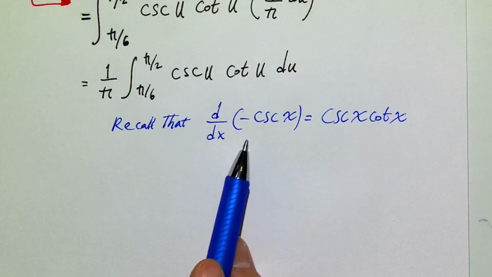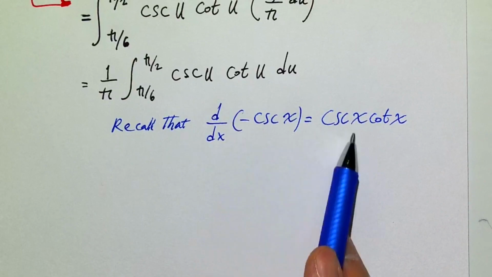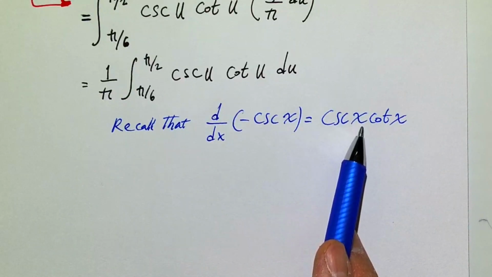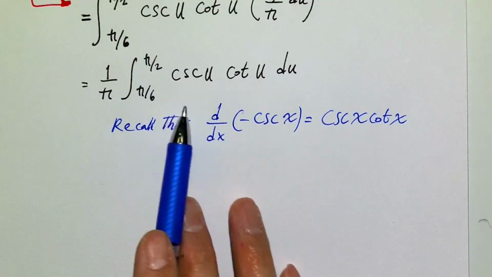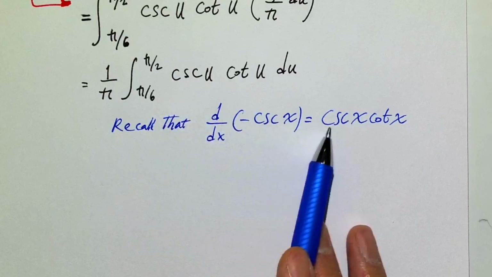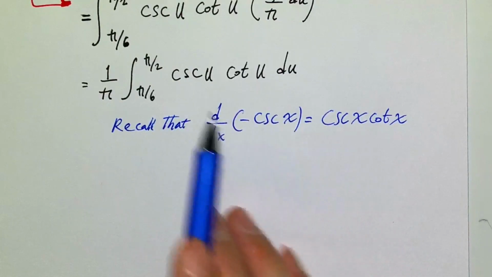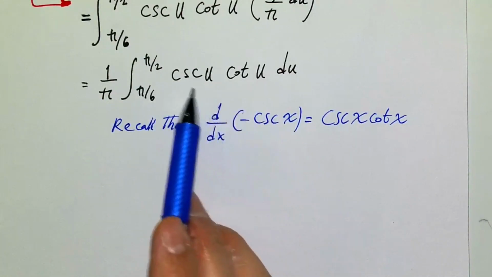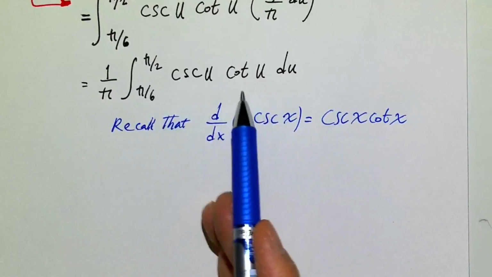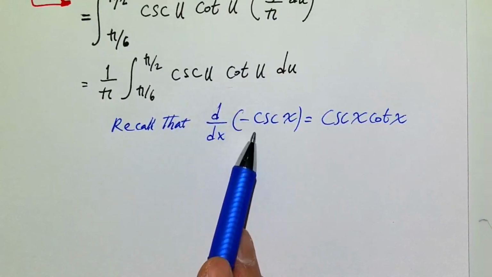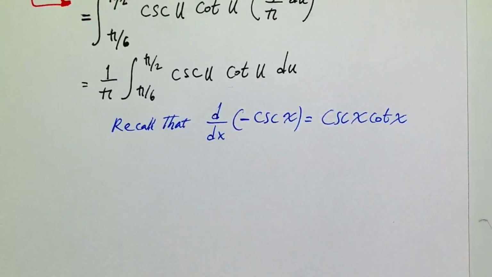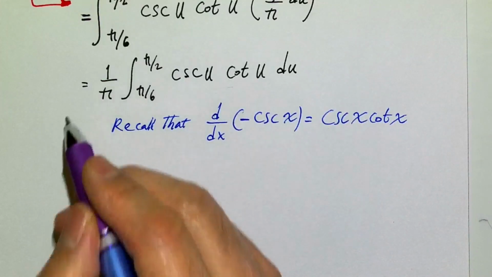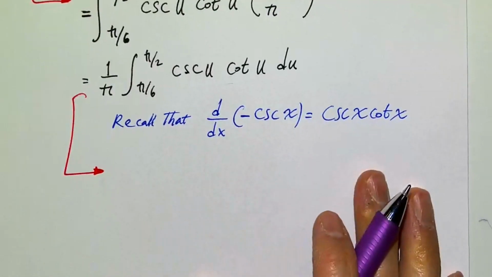So the derivative of that is that. And here we have that. So right away then we can use this to integrate this expression and get minus cosecant of u.